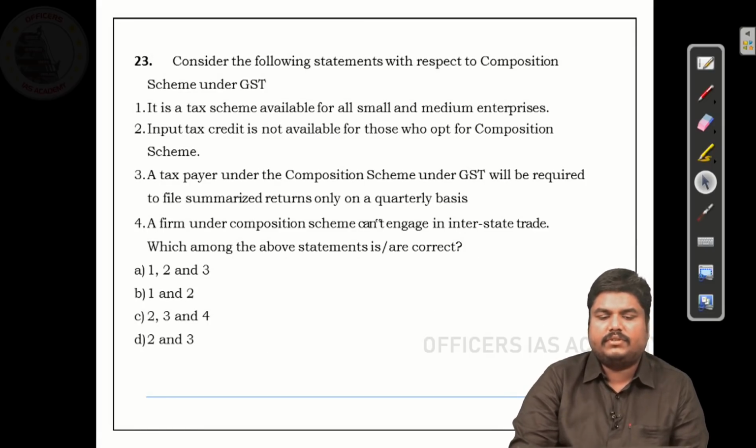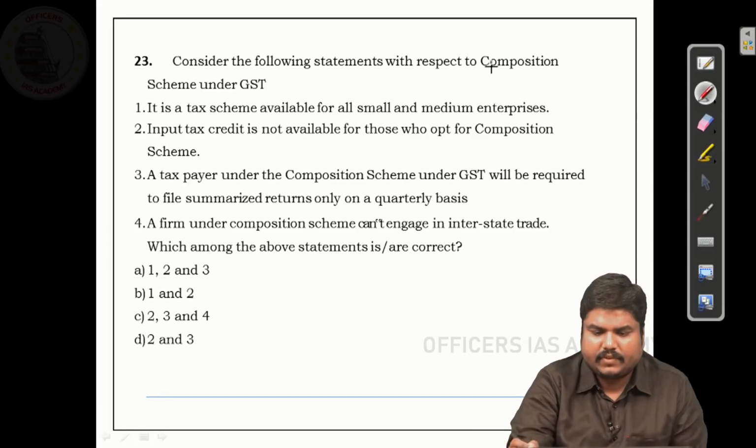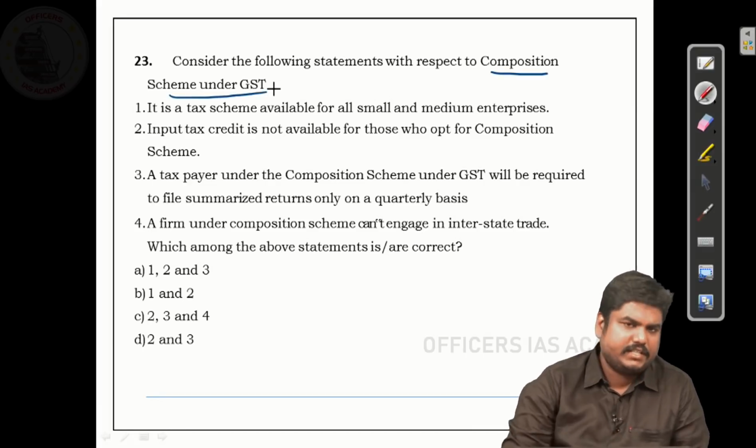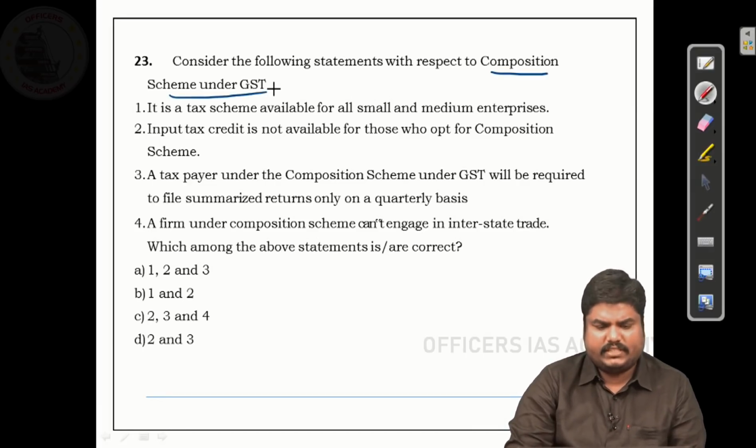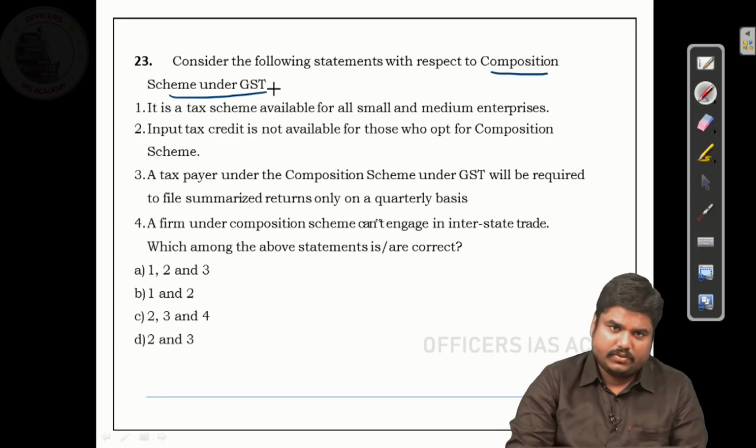23rd question. This is regarding the composition scheme under GST. This scheme is given for small and medium enterprises, and they can avail this composition scheme. Enterprises availing this scheme need not pay the GST tax on a monthly basis.